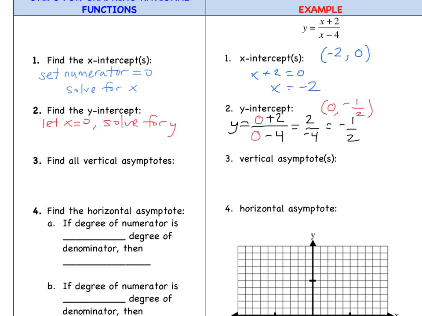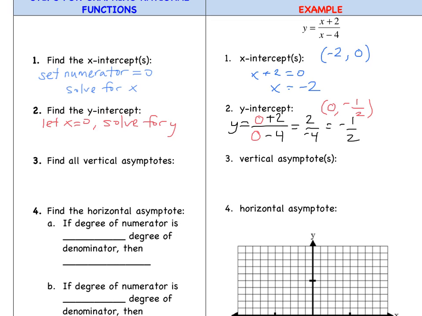Okay, vertical asymptotes. Think about how we found the vertical asymptotes before. It was the x value for which the function was undefined. So think about what makes a function undefined.